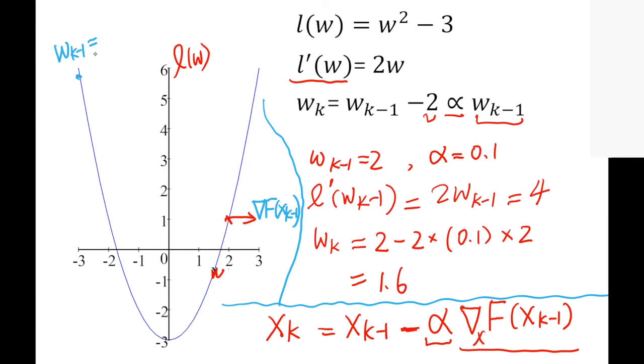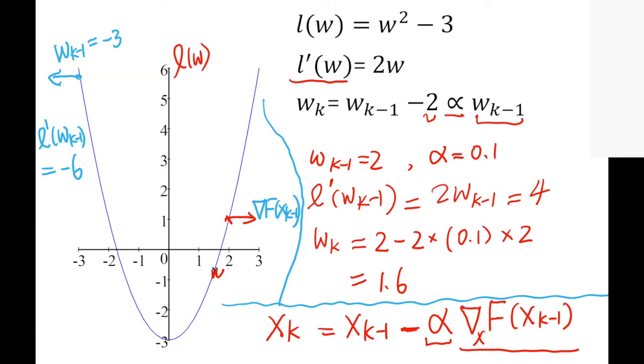L prime at w_{k-1} equals minus 6. It tells me to go to the left: the more left I go, the more my function L of w increases. And as gradient descent, I should do the opposite. Instead of going left, I should go right. So gradient descent is the opposite of the gradient.